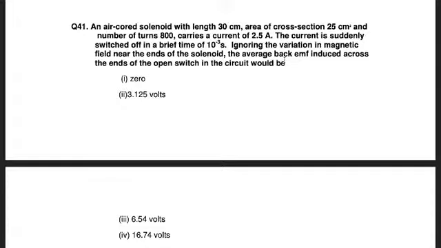The average back EMF induced across the ends of the open switch in the circuit would be option 1, 0; option 2, 3.125 volts; option 3, 6.54 volts; option 4, 16.74 volts.